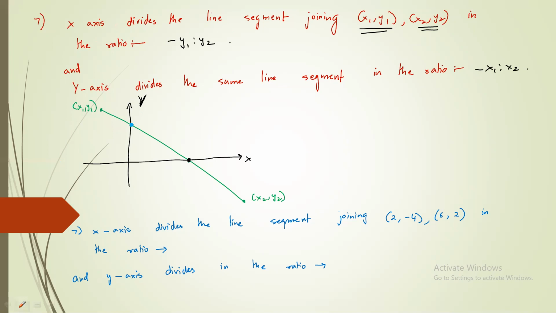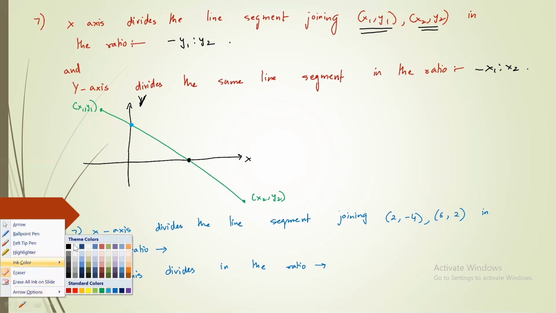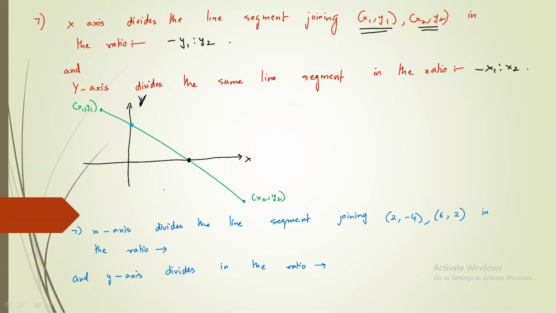So, first of all, what we are going to do is x-axis is dividing the line segment joining x1, y1 and x2, y2. So, because x-axis is dividing at this point P, you can take the ratio of the two parts as minus y1 is to y2. In order to remember exactly, this is how you have to write in the diagram.